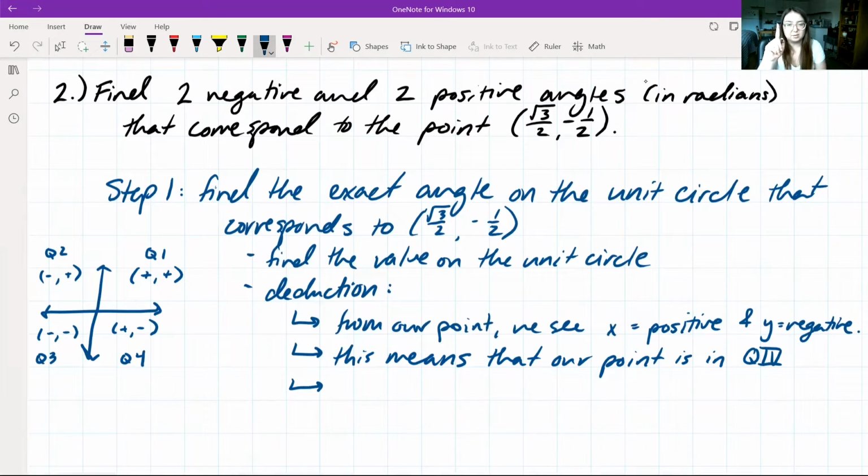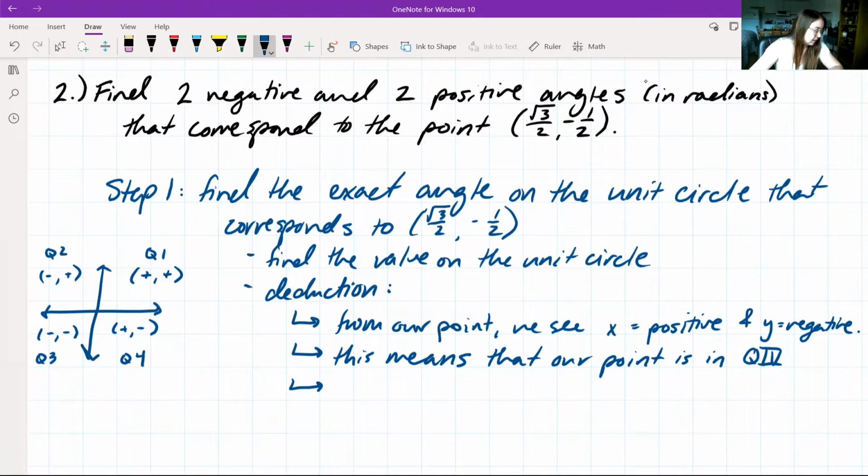One hint that we can have is that integer multiples of pi over 6 have positive or negative y values of 1/2. So this means that we can determine that our angle has to be an integer multiple of pi over 6 in order to have a y value of negative 1/2.